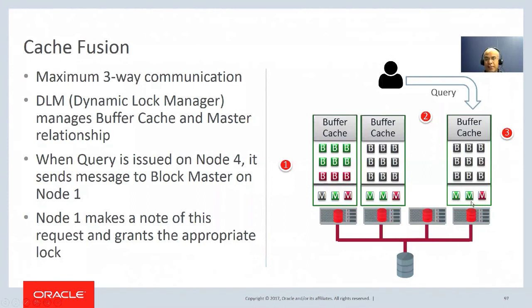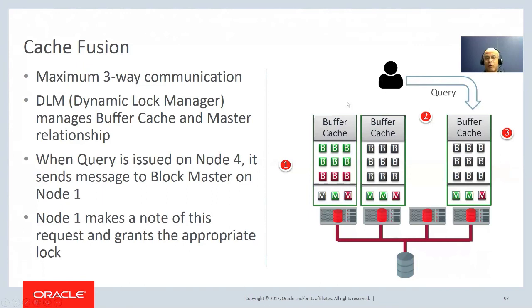Then stopping the sales service with a timeout will ensure that users are no longer going to be able to connect to node 4 with that sales service. So when he comes here, this node will say no. In his tnsnames.ora, there will be other nodes which will be offering that service. He will go somewhere else.